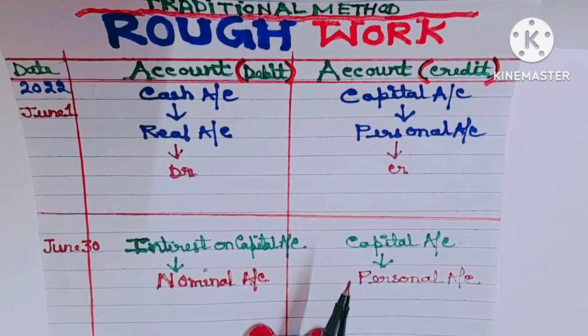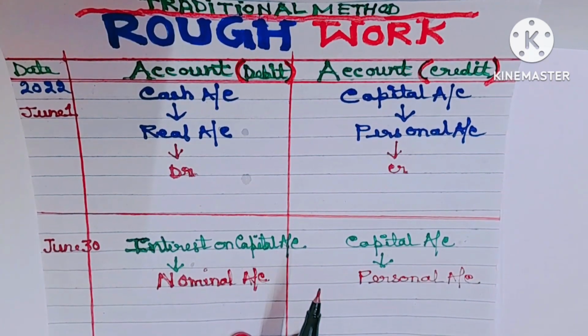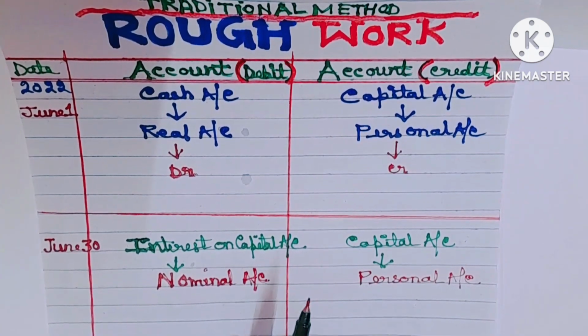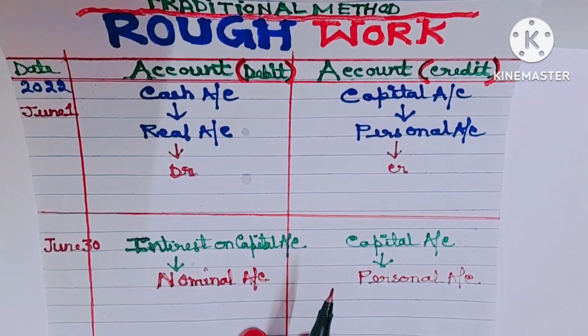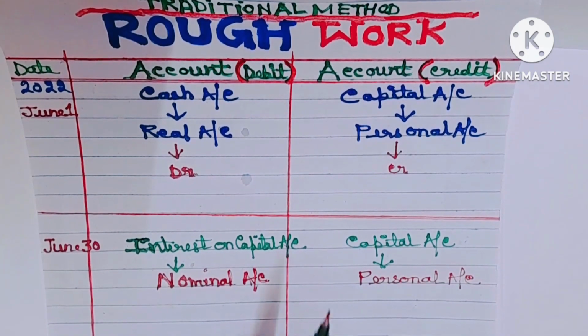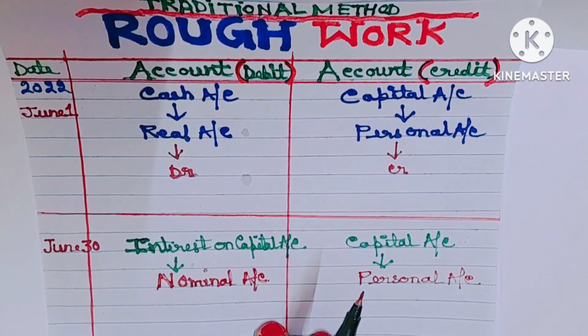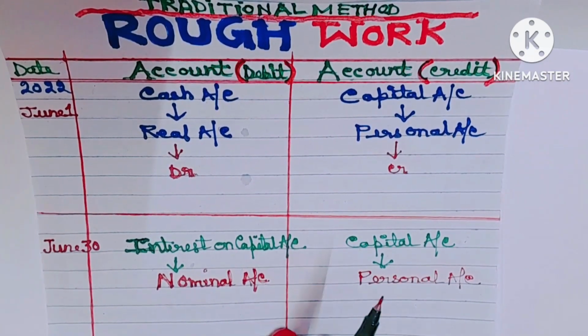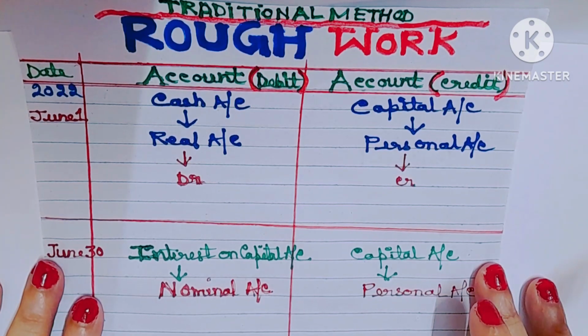Please remember, the question of cash and bank does not arise here because interest on capital is not paid in cash to the proprietor, or in this case Mamuni, or deposited in Mamuni's bank account. Although it will increase Mamuni's total capital investment in the business by 10%, that is 6 lakhs into 10 by 100, 60,000.